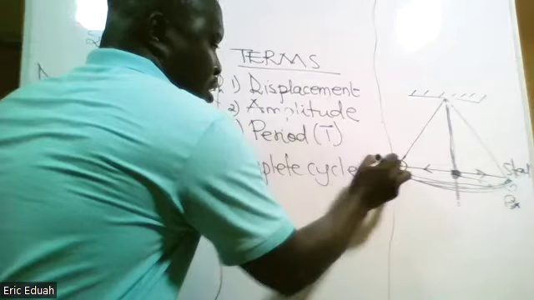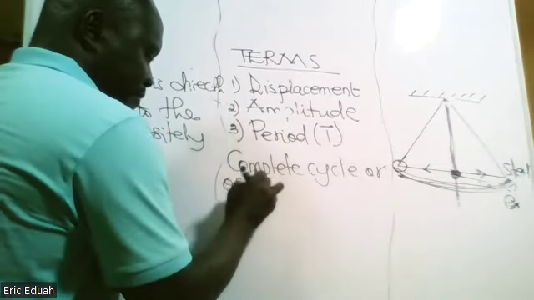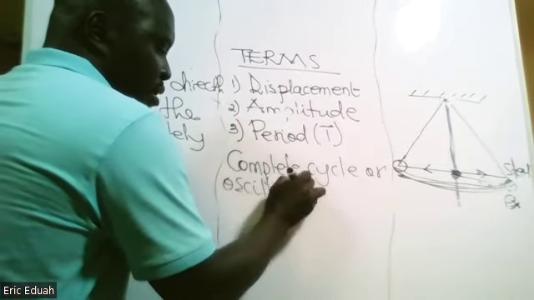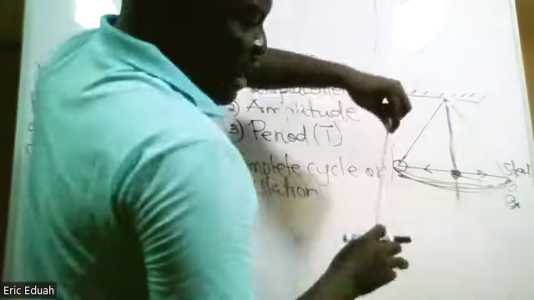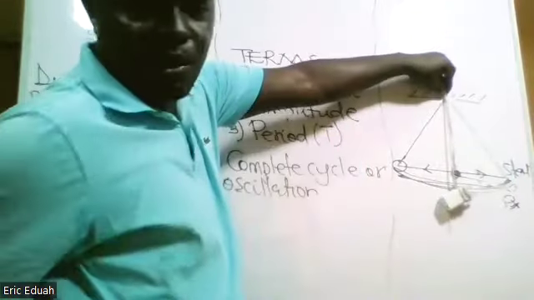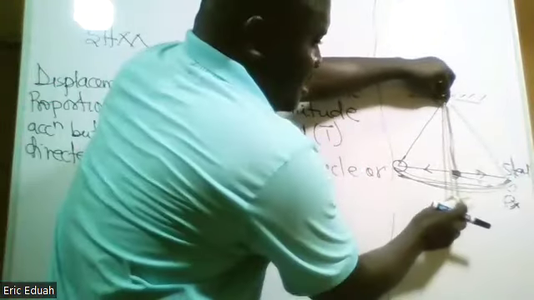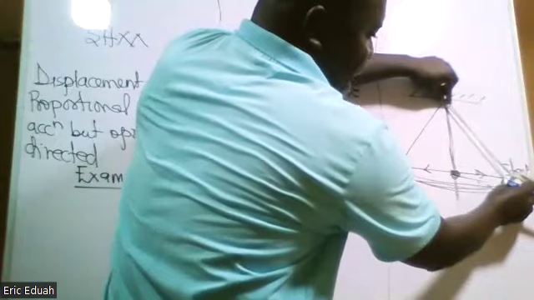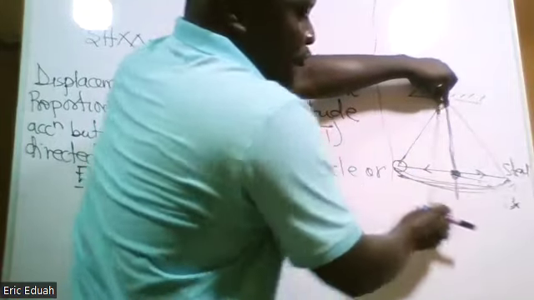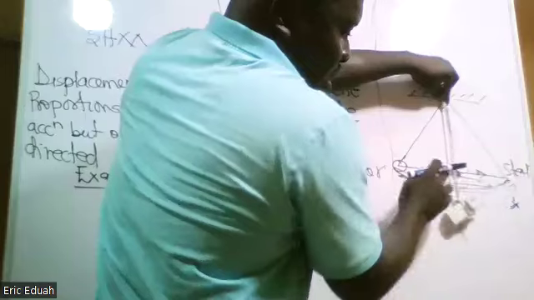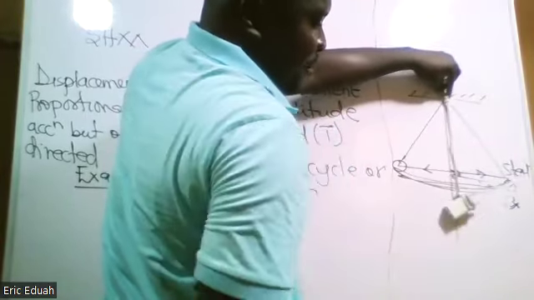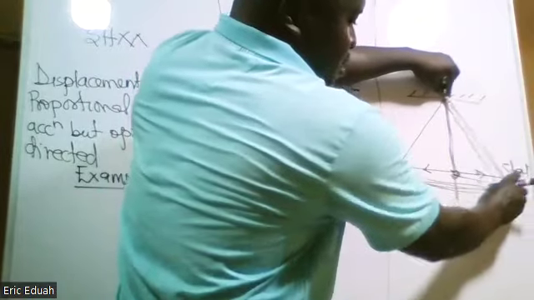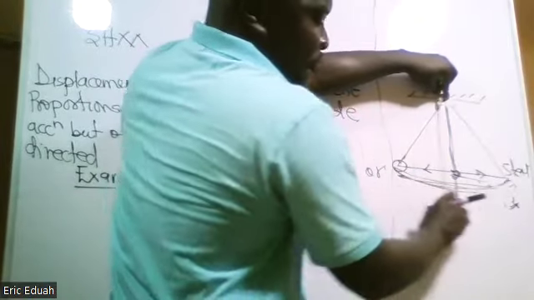Now, a complete cycle or oscillation is made up of 4 quarter parts. What do I mean by quarter parts? From the mean position, 1, this is 1 quarter, 2, 3, 4. So this is the same as starting from here and coming back. I'm starting from the mean point, 1, 2, 3, 4.